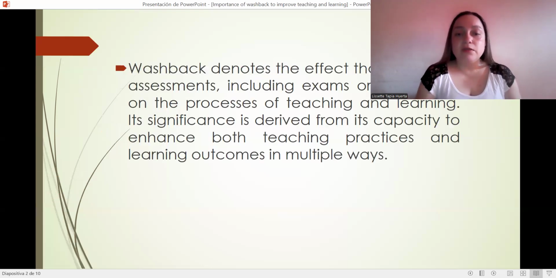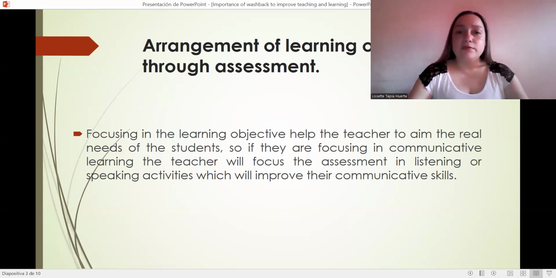With this, we have different points to focus on about why it's important to improve our washback. The first is the arrangement of learning objectives through assessments. If we are focusing our goals on learning something, we can arrange our objectives to get this.